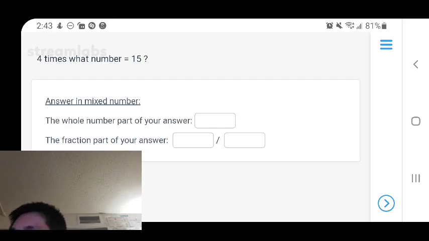So you define x. x is equal to 15 over 4. Yep, you divide by 4 on both sides, and you want it as a mixed number. So that's 4 times 3 is 12, plus 3, 15. You get 3 and 3/4.